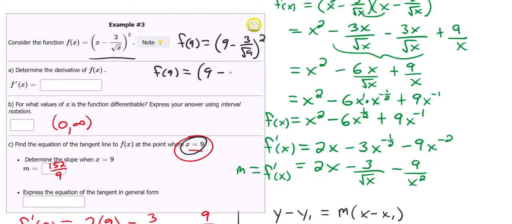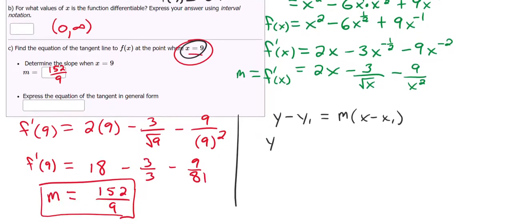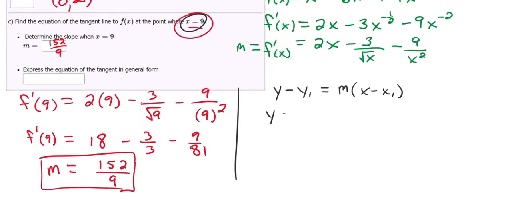Because the square root of 9 is 3. So 9 minus 1 is 8, squared. So f of 9 is equal to 64. Okay, so that's our y value when x is 9. So we'll say y minus 64 is equal to our slope we just found to be 152 over 9, and then x minus, and then our x value is 9.